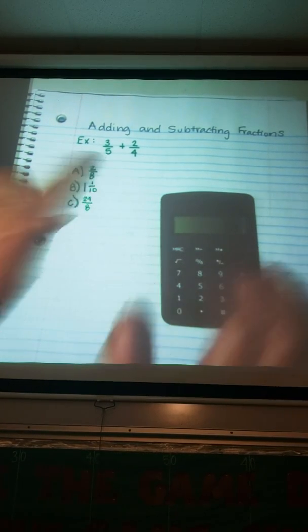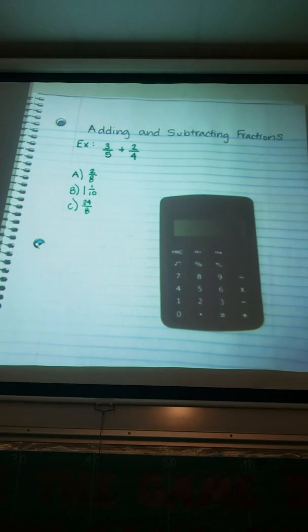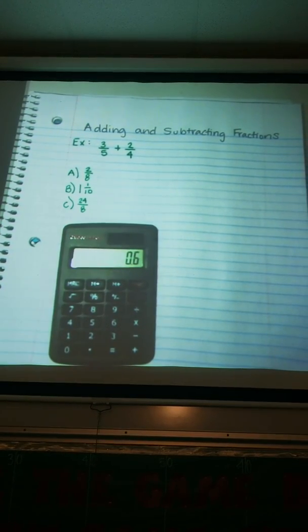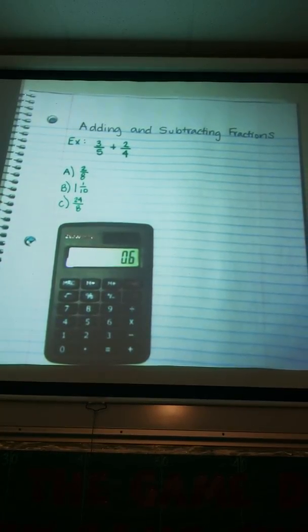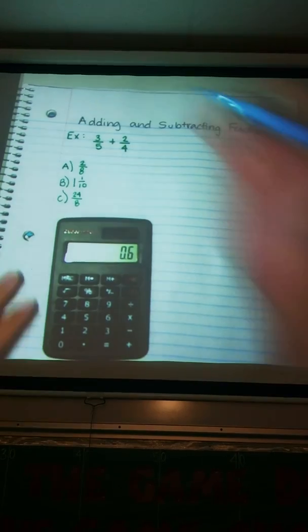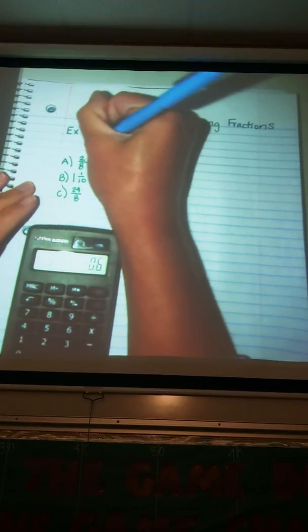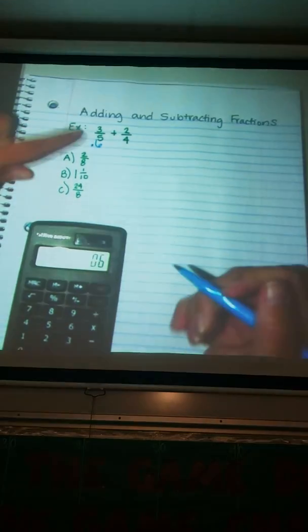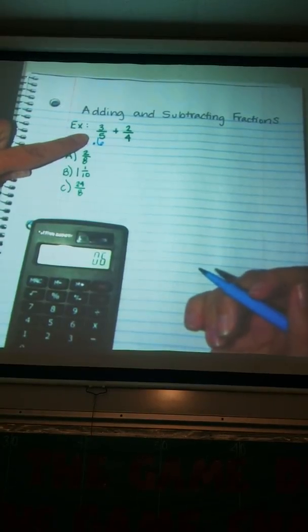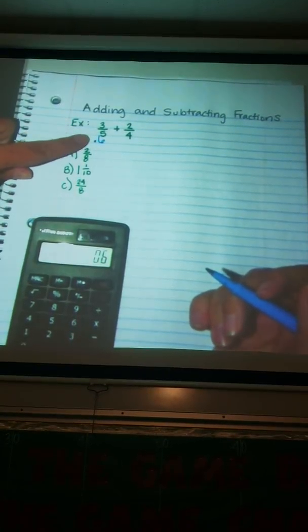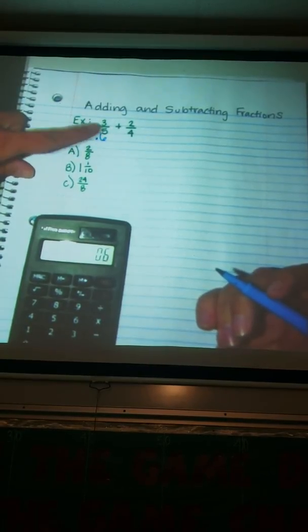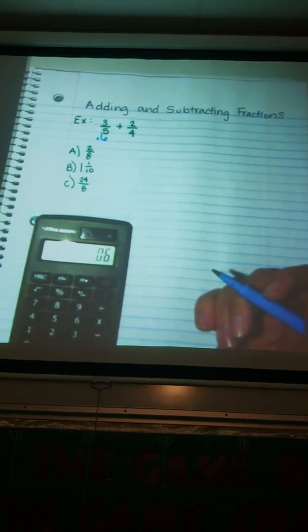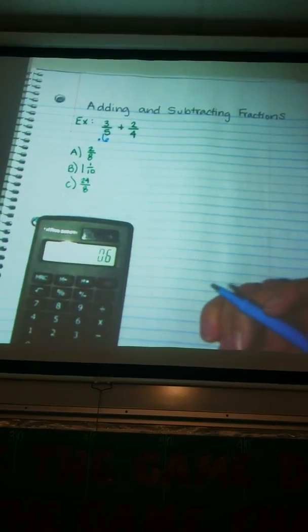Now remember, we talked about how you always need to write your decimal back with the corresponding fraction, so you don't get mixed up. So for this, I'm just going to write the 0.6 directly below 3/5. I wrote it in a different color so you can tell that these two go together without getting the 6 and the 5 mixed up.